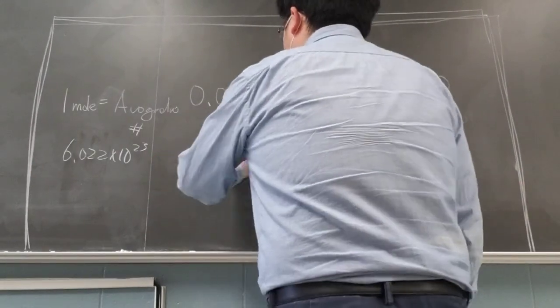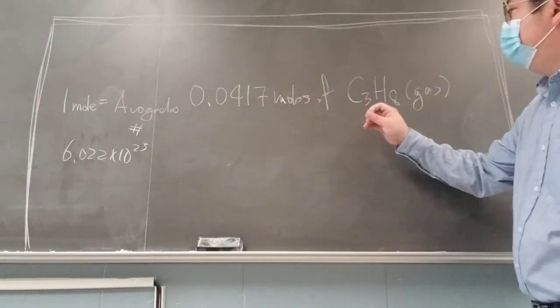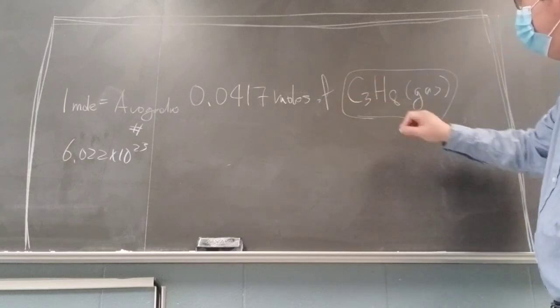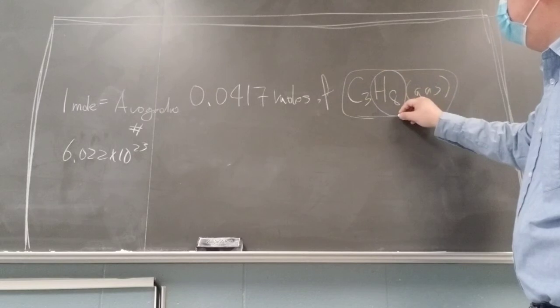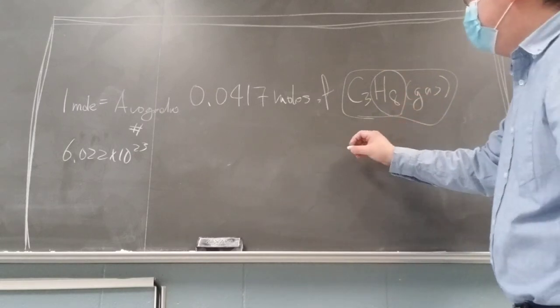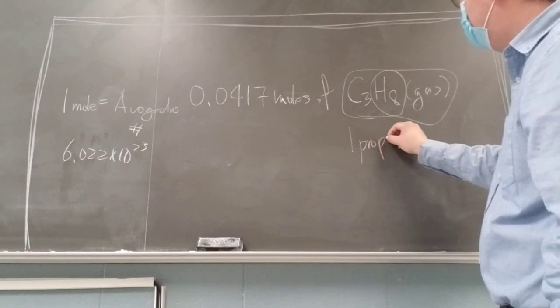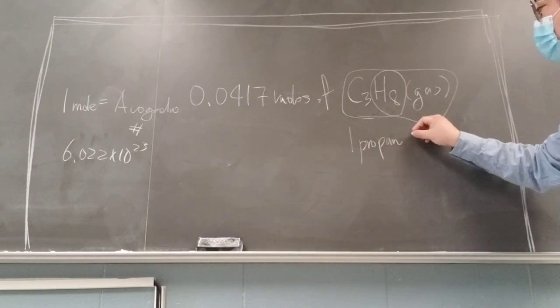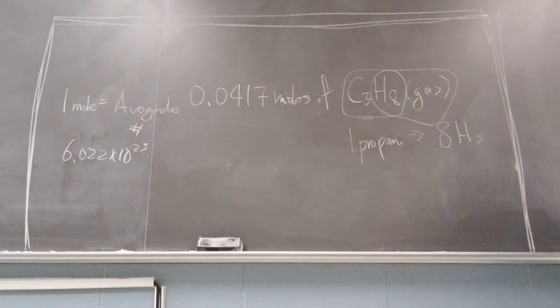All right. So here's the thing. If you look at the chemical formula of the propane over here, each propane has 8 hydrogen over here. So that means if you have 1 propane, you automatically have what? 8 hydrogens over there already, right?